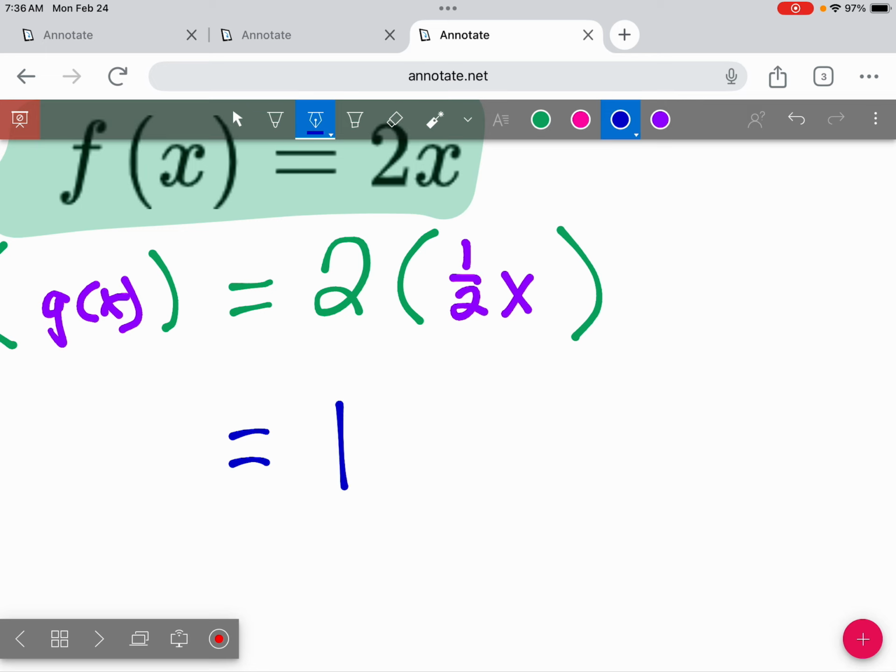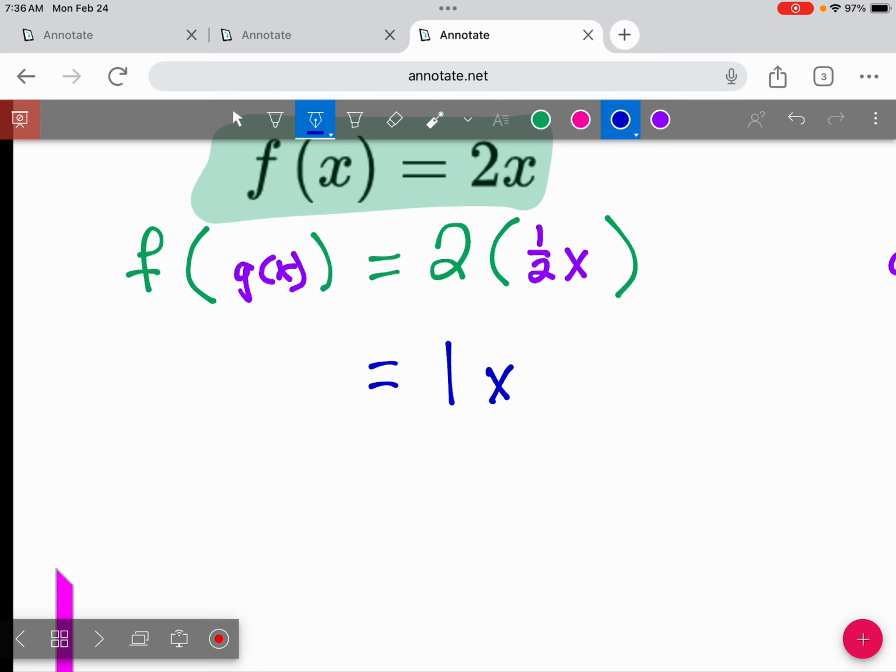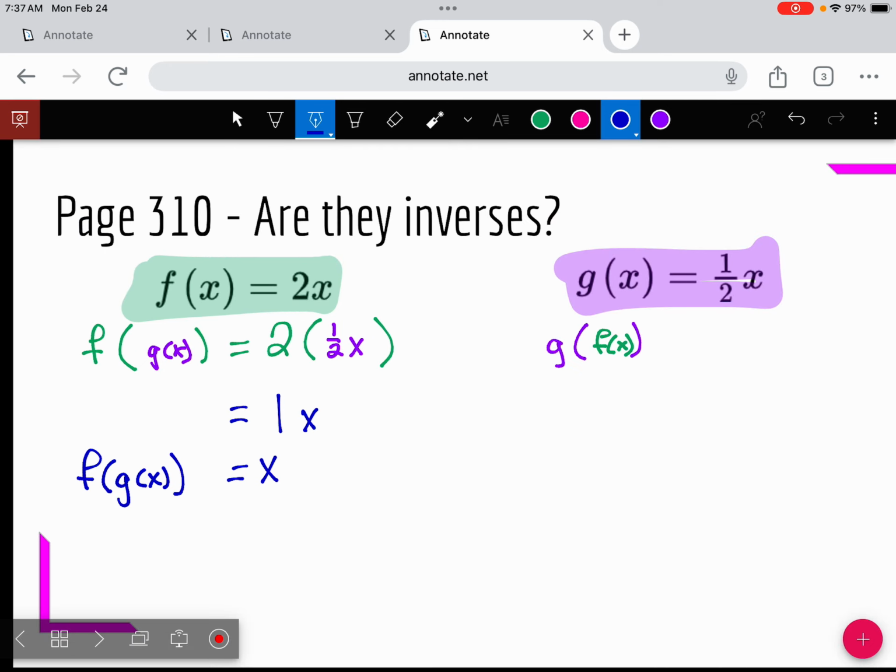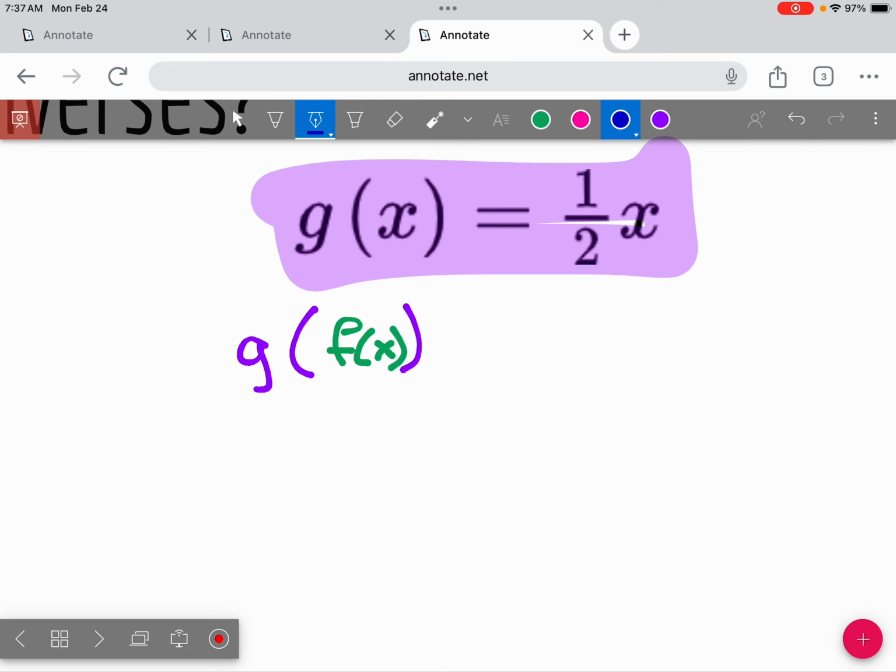One. 1x. So our composition here on our f of g of x equals 1x, which is the same thing as if it equals x. So we have really good odds that these are inverses, but we have to do the other side as well to be able to say for sure these are inverses. So we're going to do the same kind of thing just in the other direction.